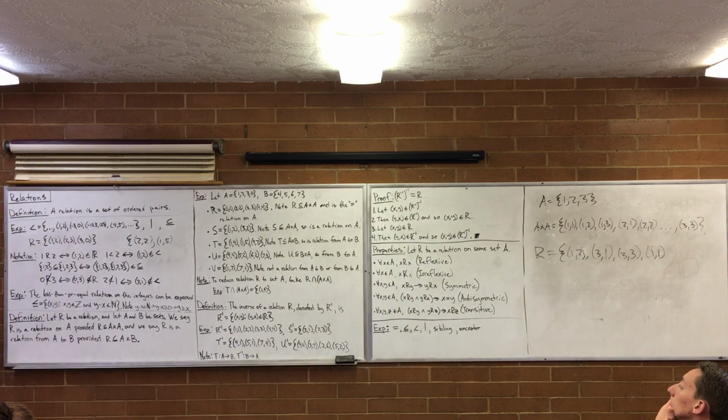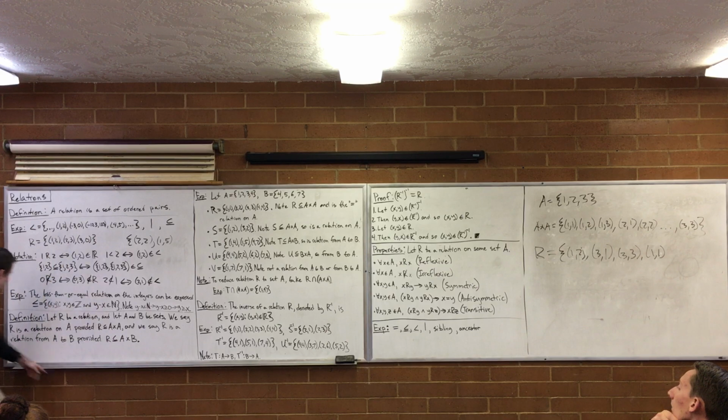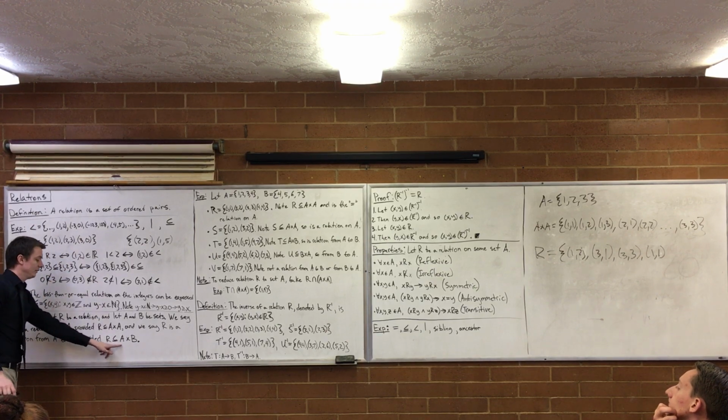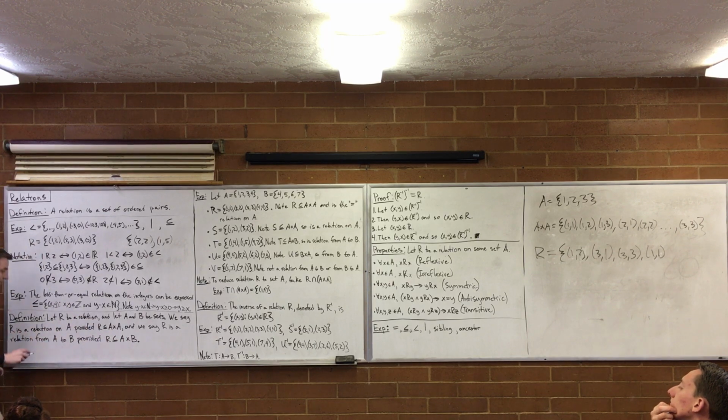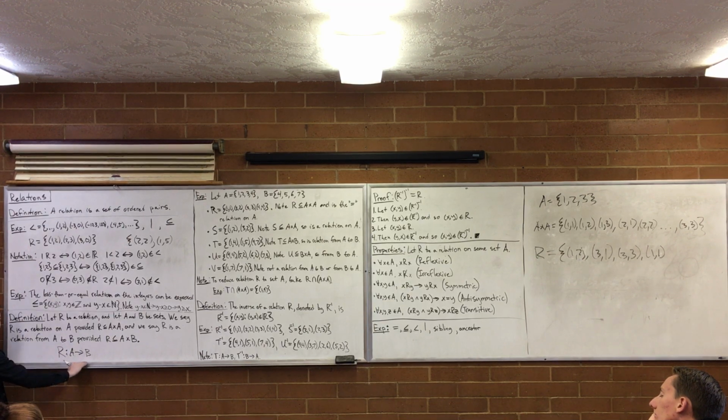Let R be a relation, and let A and B be sets. We say that R is a relation on A, provided R is a subset of A cross A. And we say that R is a relation from A to B, provided R is a subset of A cross B. Sometimes when we want to specify where it's from and where it's to, we write R from A to B, as you've probably seen with functions before.